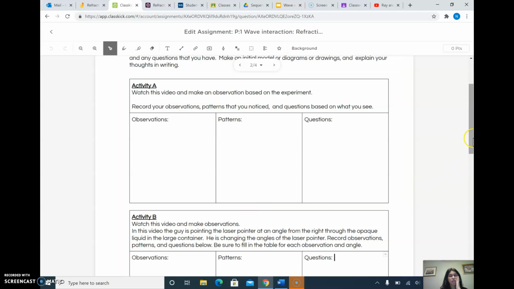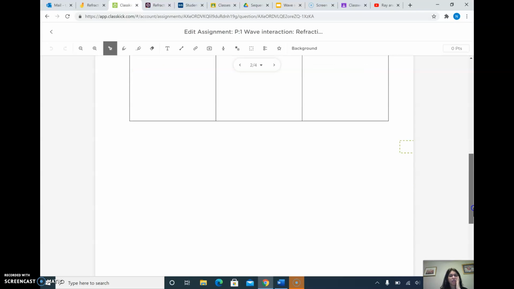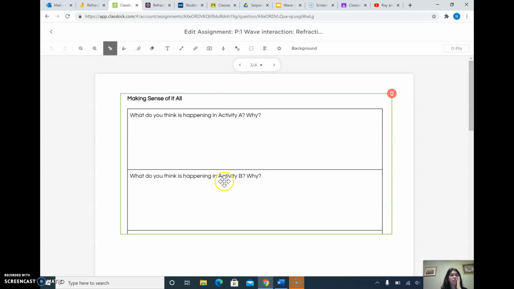Do you see something similar happening, or is there nothing in common? Once you are done writing observations, questions and pattern, you will talk to your group members and make sense of it all. What happened in activity A, what happened in activity B, and once you understand this, write it down, then share everything on the Jamboard.